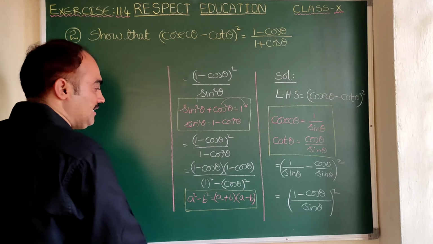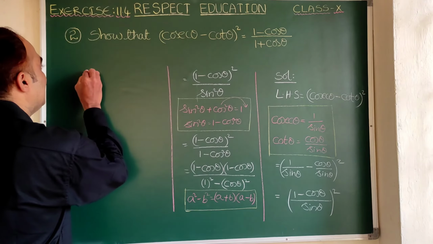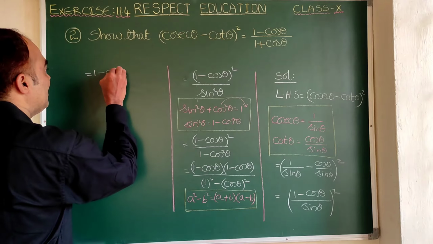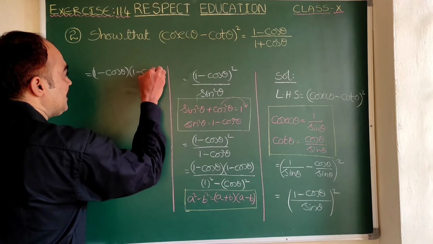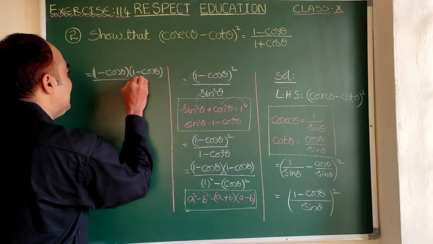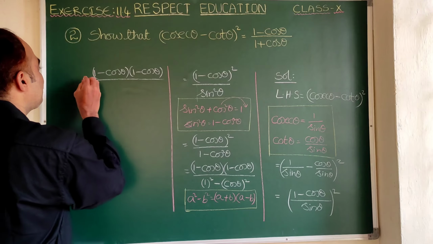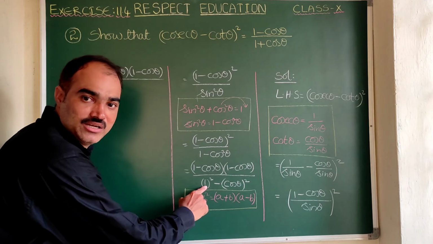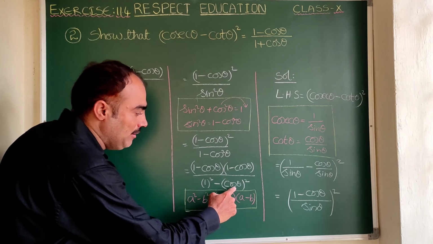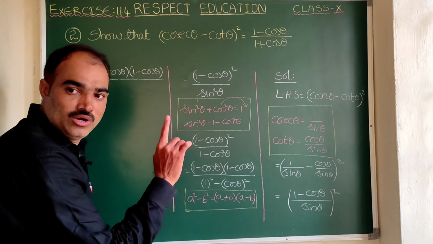So let us write the numerator as it is. I am writing it as 1 minus cos theta into 1 minus cos theta, whereas here the denominator becomes: a means 1, b means only cos theta.